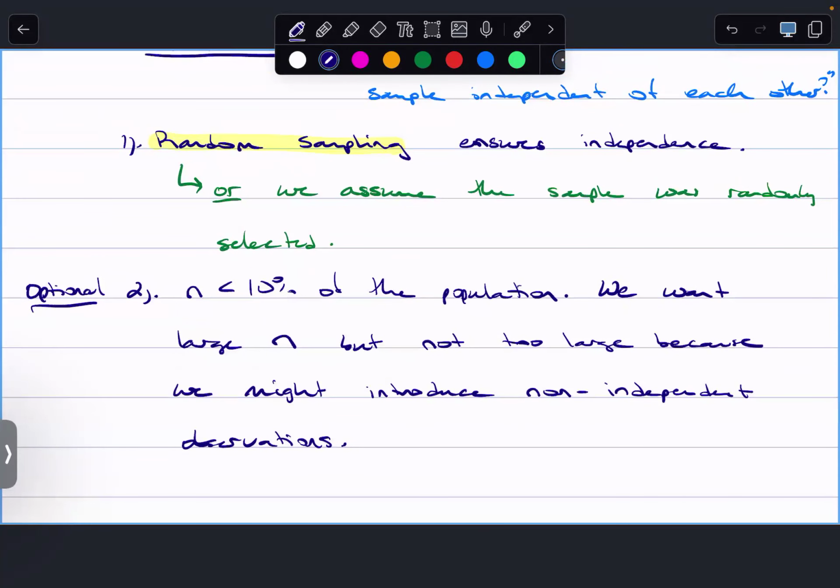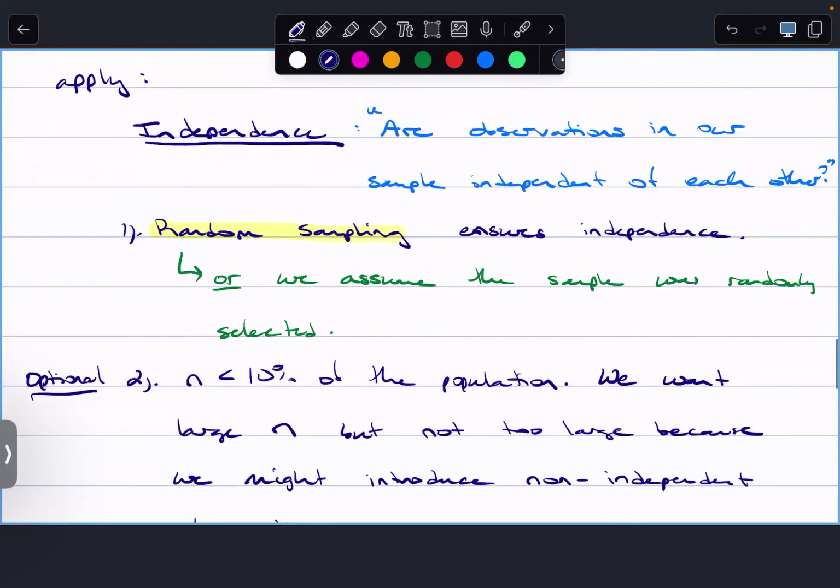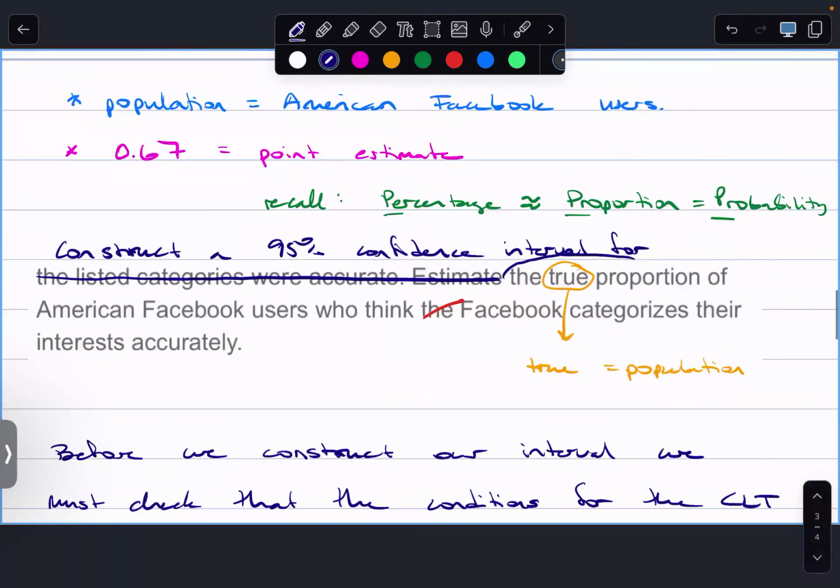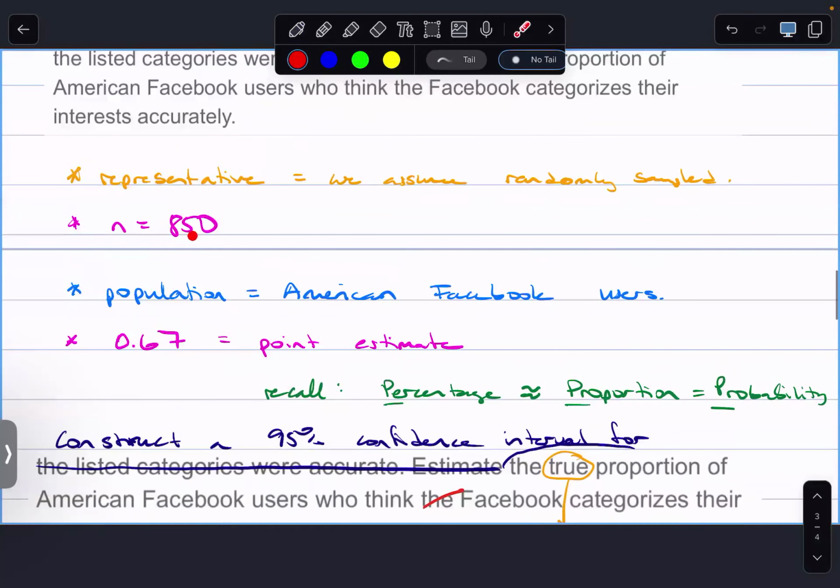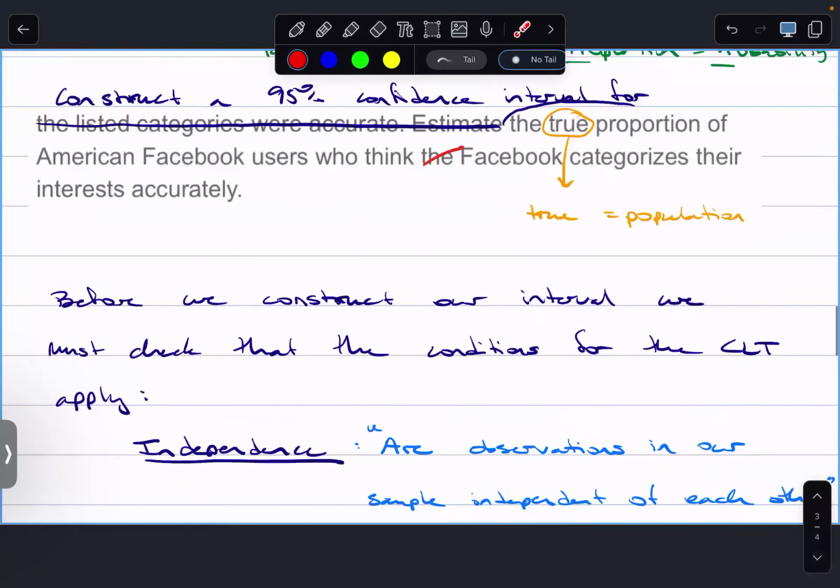So that one's totally optional, and I skip it most of the time because it's usually something like this. We've got a sample of 850 American Facebook users. Is that less than 10% of American Facebook users? Yes. Is that a large sample? Yeah, I think it's quite large, right? And so it's large enough, and we're happy with that.